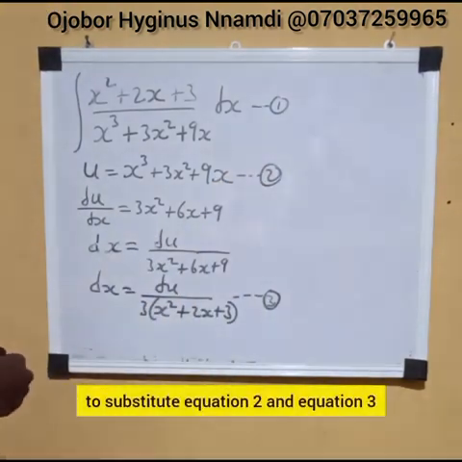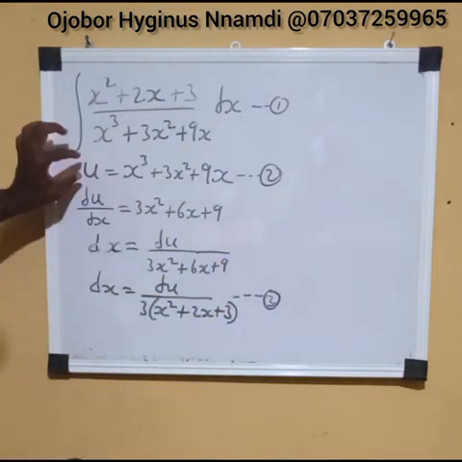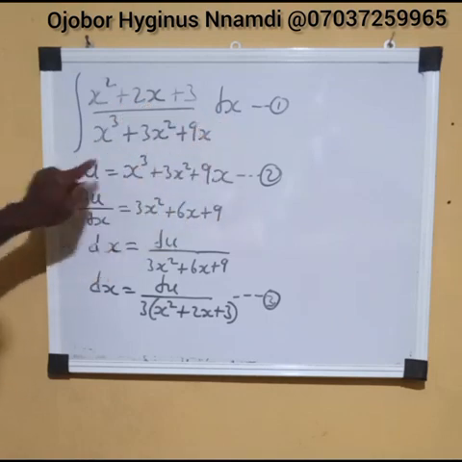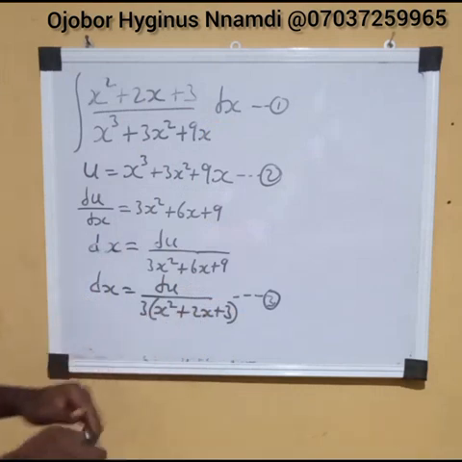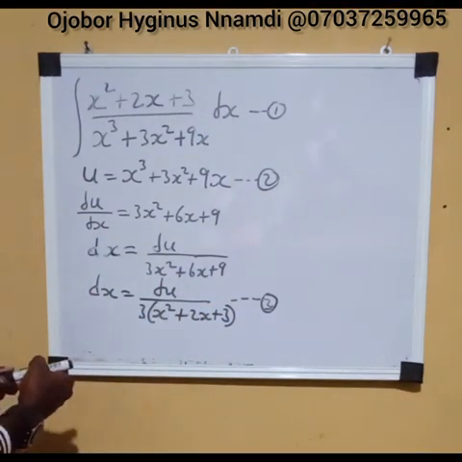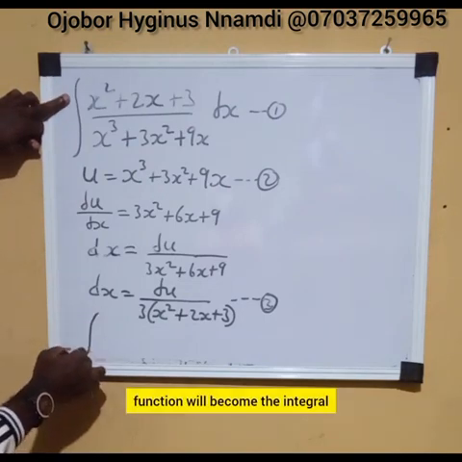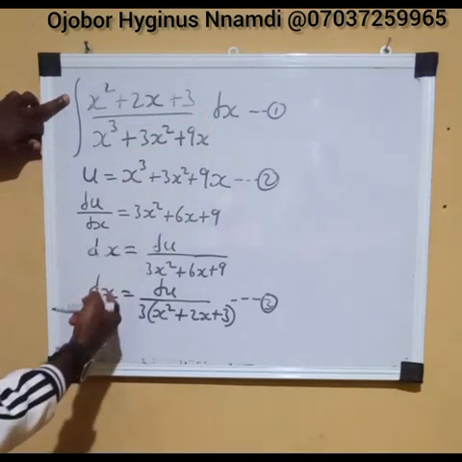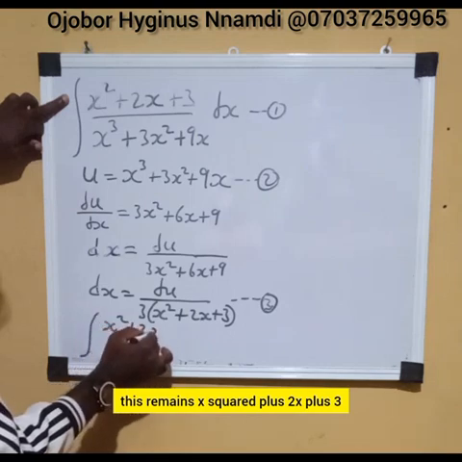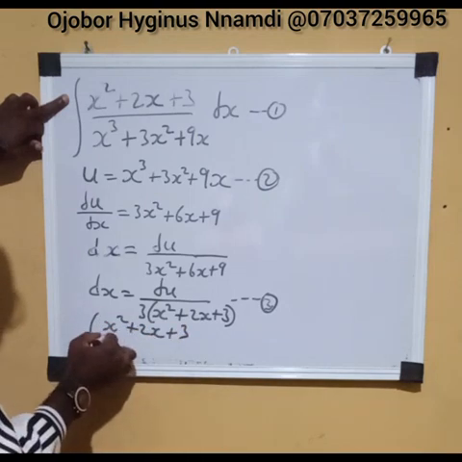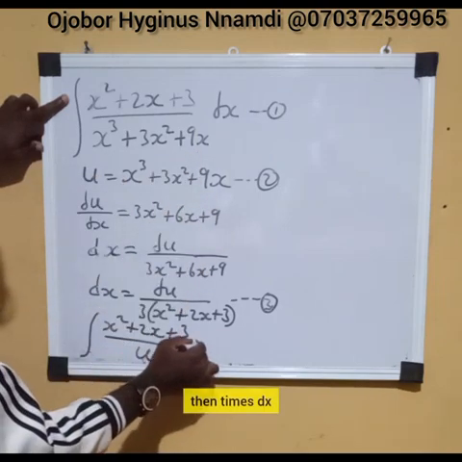So we are going to substitute equation 2 and equation 3 into the integral. Wherever we see the denominator, we replace it with u. Wherever we see dx, we replace it with this. So the function will become the integral of x squared plus 2x plus 3 all over u, times dx.